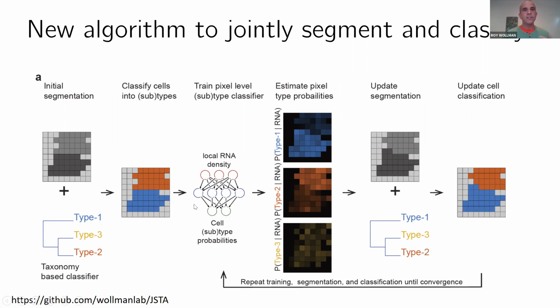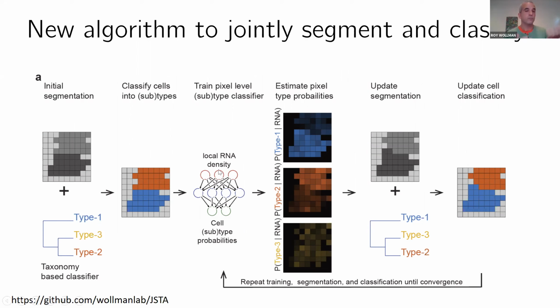This classifier is not that different from the overall taxonomy classifier, in the sense that both convert gene expression into type. It's just happening at the local level, on the different pixels in the image. So we're accounting much more for the variance and sampling issues. We're really training a pixel level classifier rather than a cell level classifier.